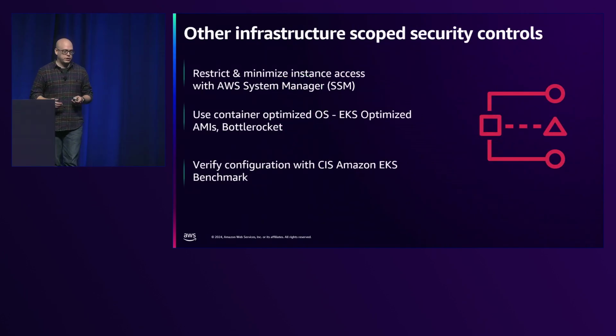A few other infrastructure scope security controls that we just recommend for customers are to restrict and minimize access to your instances using AWS SSM. So if you're used to spinning up a VM, if you ever pointed and clicked through the AWS console, your first time you probably used SSH, right? Everyone's familiar with generating SSH keys, configuring that on your instance, and then opening a port on your security group and getting an IP address and connecting to your host.